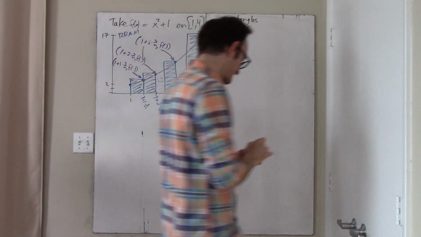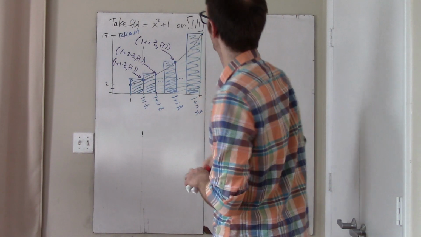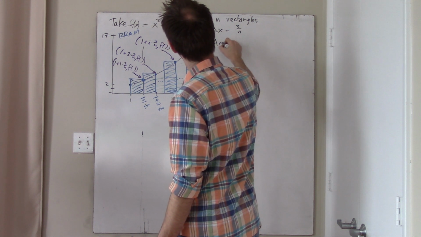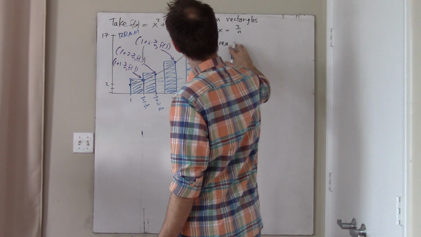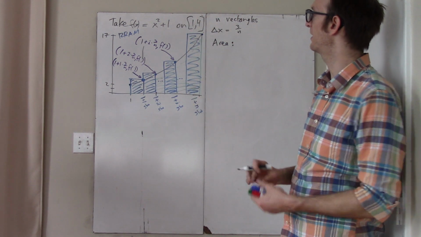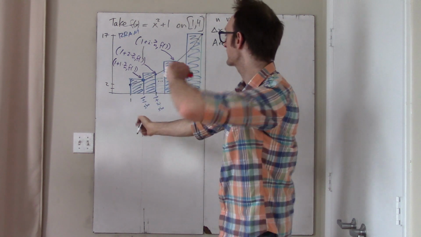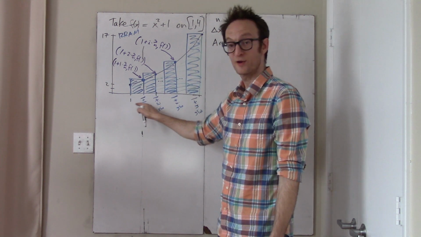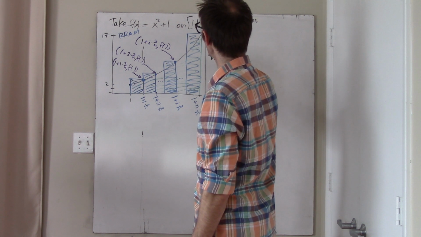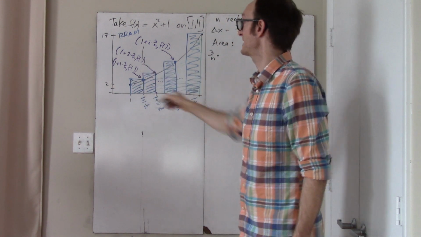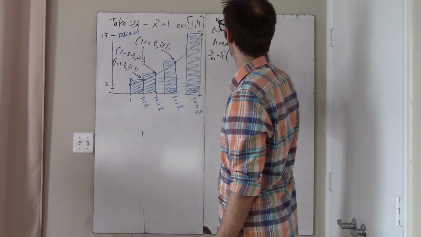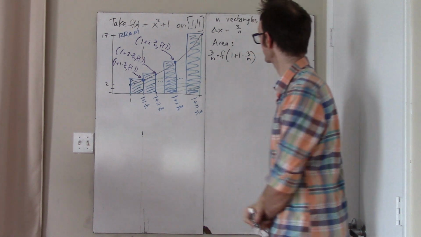In other words, I claim that the area under this curve using n rectangles and using Rn is going to be, maybe it is worth it to write it out kind of baby style first. The width of this first rectangle will be 3 over n, and the height of that first rectangle will be f of 1 plus 1 times 3 over n.